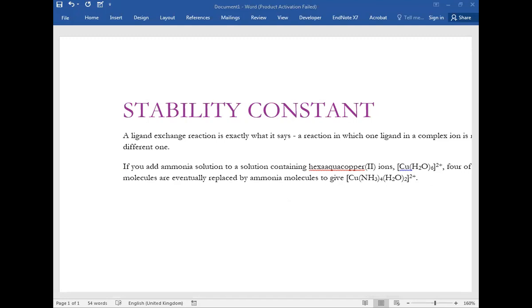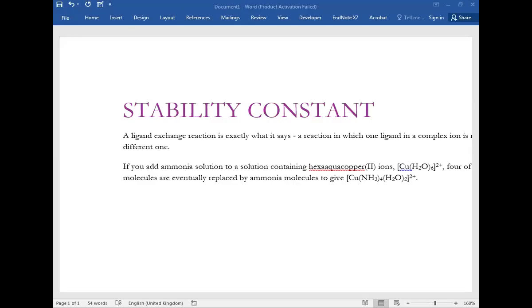Yes, bachcho. Ammonia replaces some of the... Can you see the screen now?